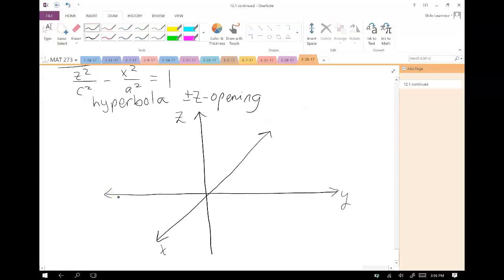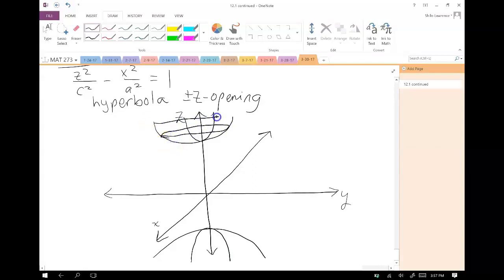So in the YZ plane, which is the plane that we're looking at flat on the board, we've got a set of hyperbolas opening in the z direction, the positive and negative z direction. In the XZ plane, which slices perpendicularly into the board, we also have a set of hyperbolas opening in the positive z direction. And now these two bowls still are not connected, but the arms of these bowls are connected with ellipses.